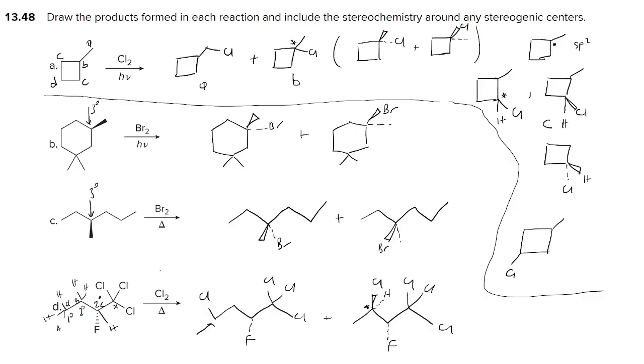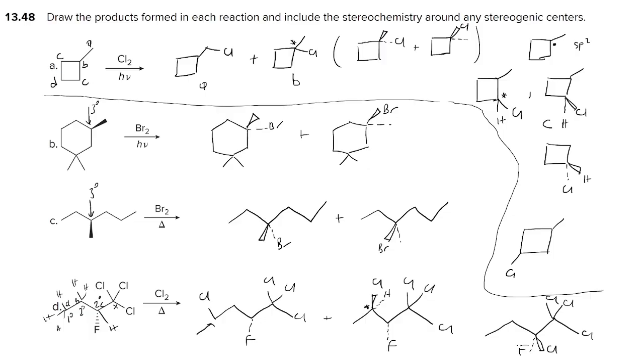And in the last case, for the C, again we can write here the three chlorines. There was a fluorine here, dash, and the chlorine will be wedge.